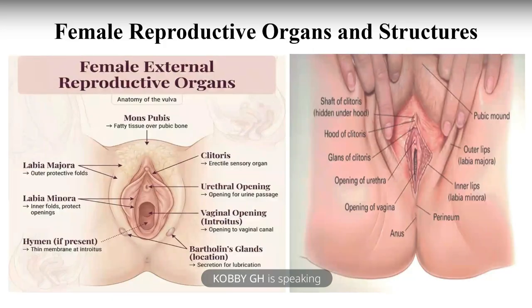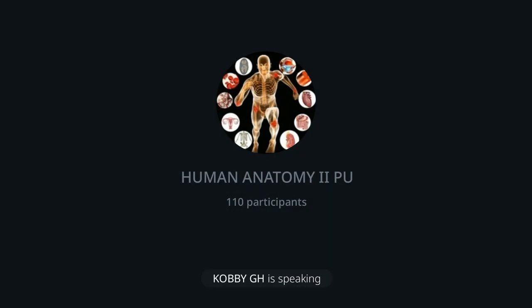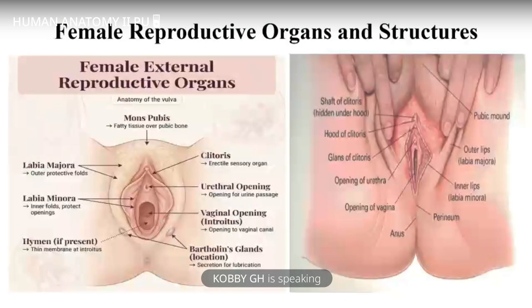It's not true. The labia minora is not the vagina. It's like the skin of the vulva. If you are looking at the vulva, the outer parts that you can actually touch, where you have hair growing, that fold is what we call the labia majora.